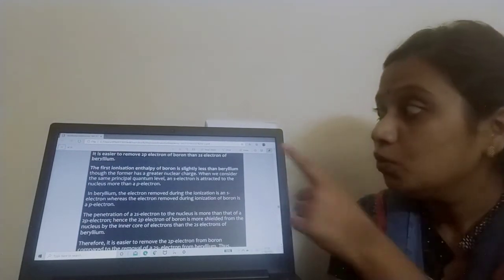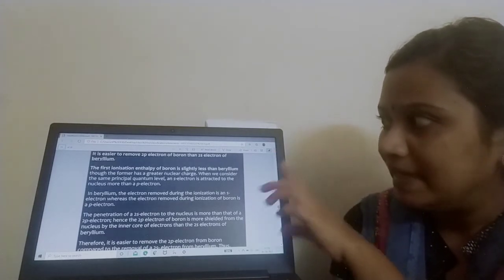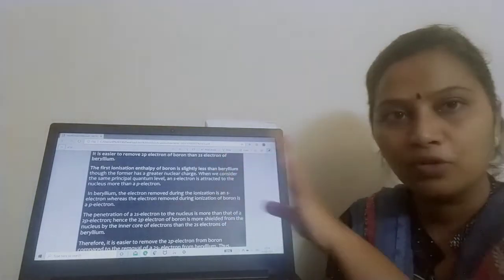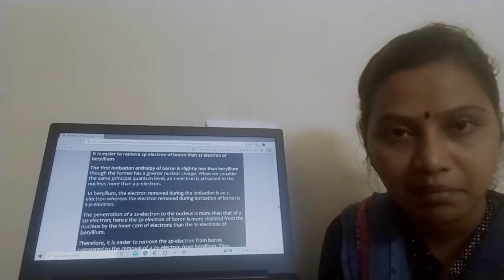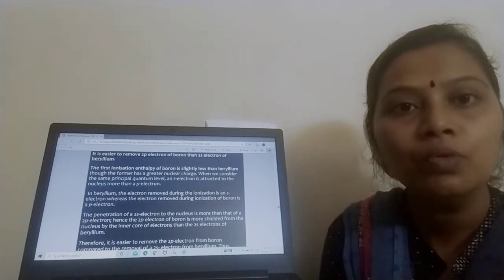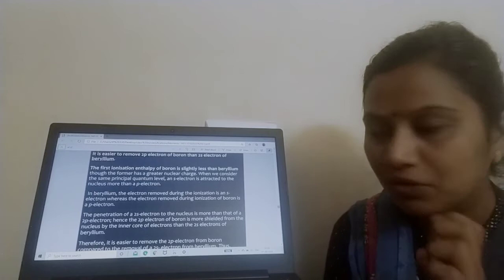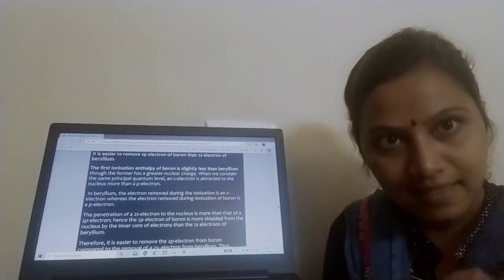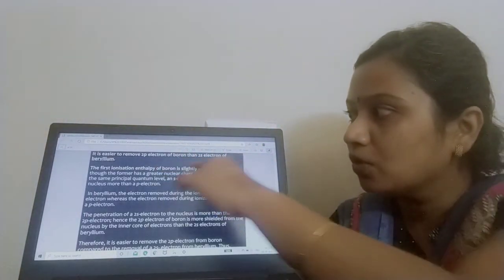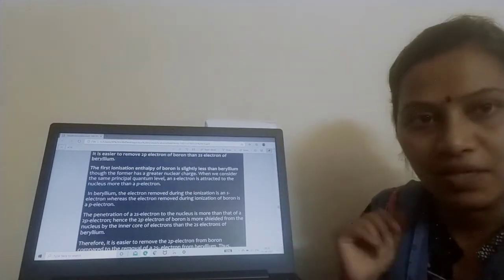We can remove the 2p electron of boron more easily than the 2s electron of beryllium. I am repeating the statement. It's easier to remove the 2p orbital electron from boron than the 2s electron of beryllium. Okay, let us understand the concept.